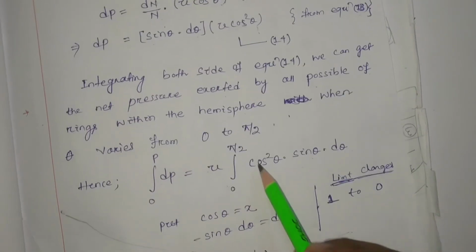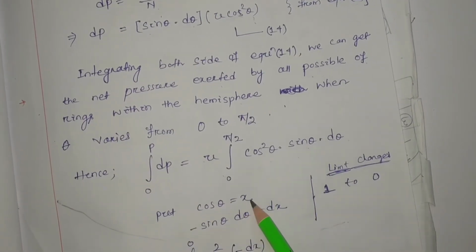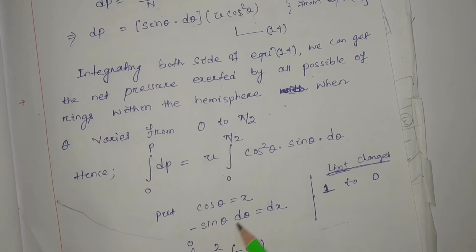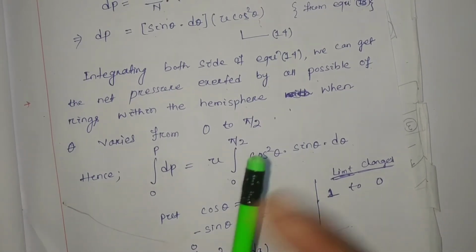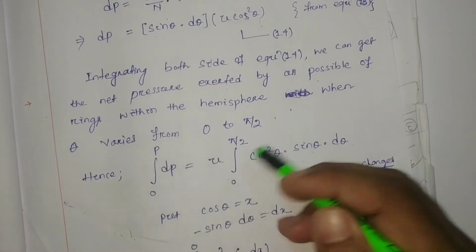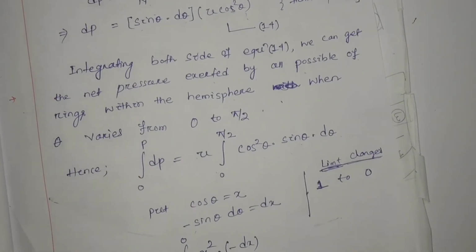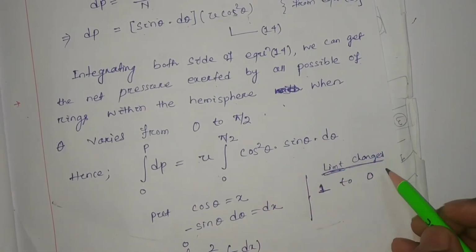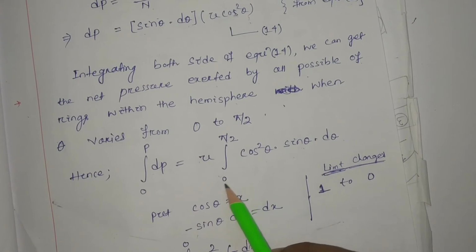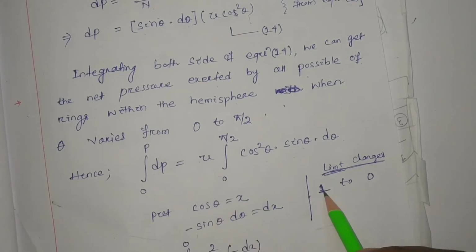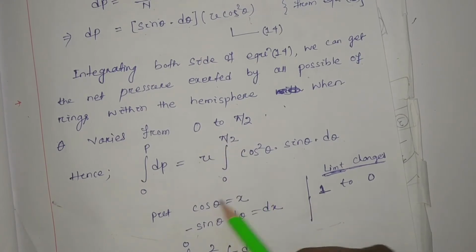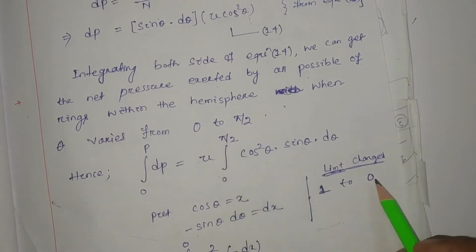Now cos theta is considered as x. The derivative of cos theta gives minus sin theta d theta equal to dx. Now the limit is going to change: cos 0 will be 1 and for pi by 2 the limit will be 0.